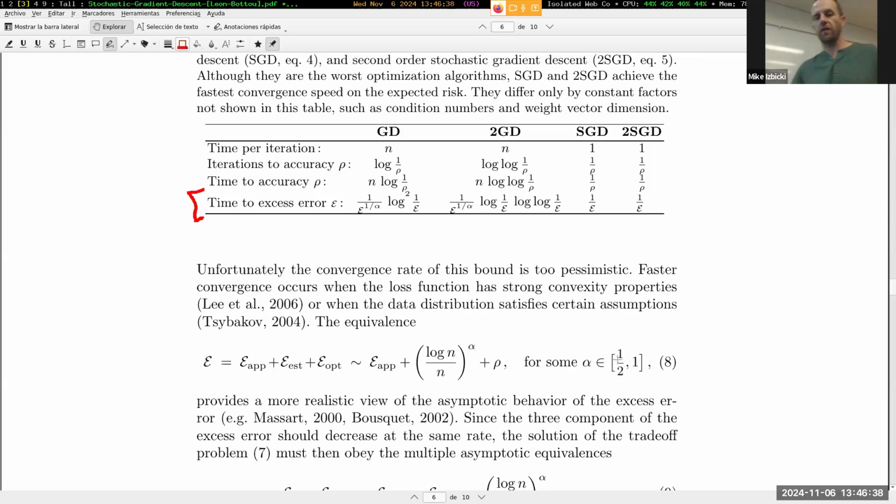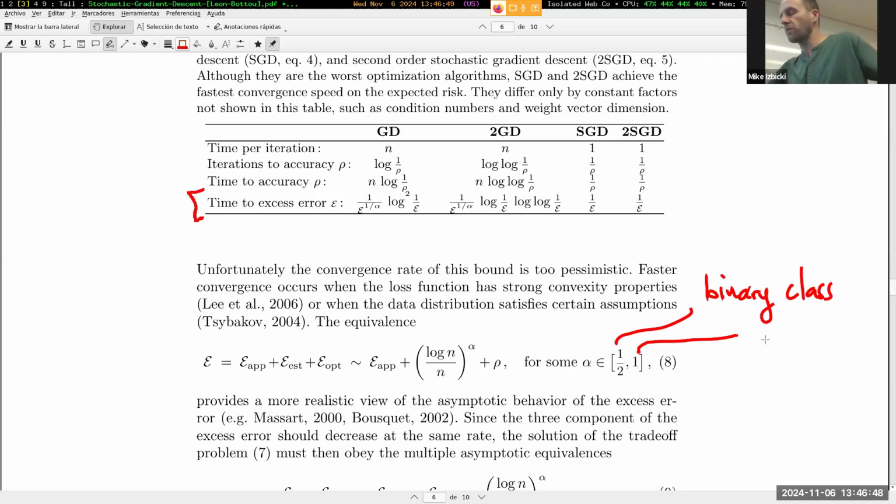The 1/2 case is the case that we've talked about as binary classification. The 1 case is the section that we skipped from the textbook, 2.3, I believe, in the regression setting. The textbook derives a bound that has a 1 as the exponent there instead of a 1/2 as the exponent here.